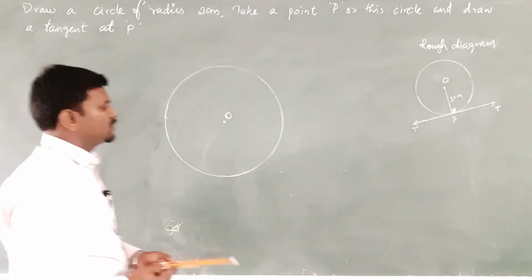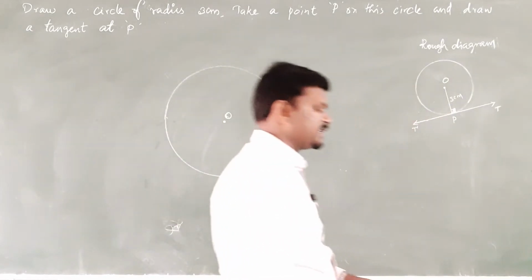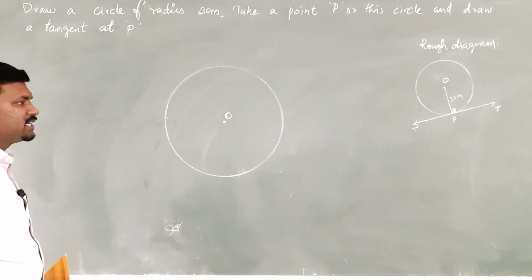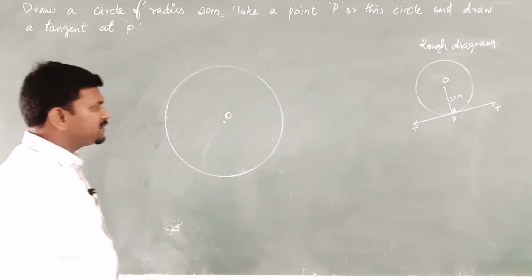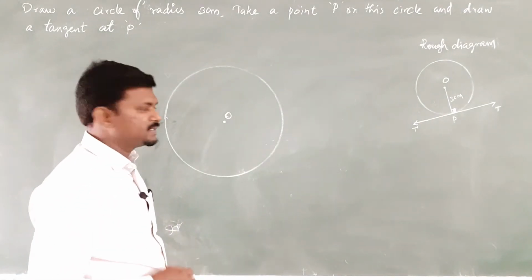Okay, with O as the center we have drawn a circle of radius 3 centimeter, and now mark the given point P on the circle.